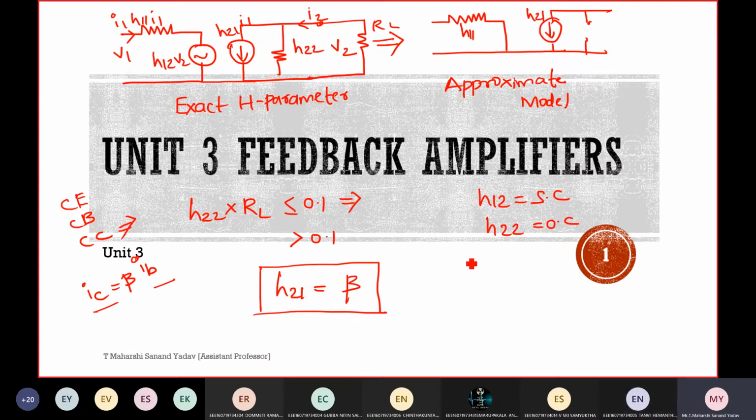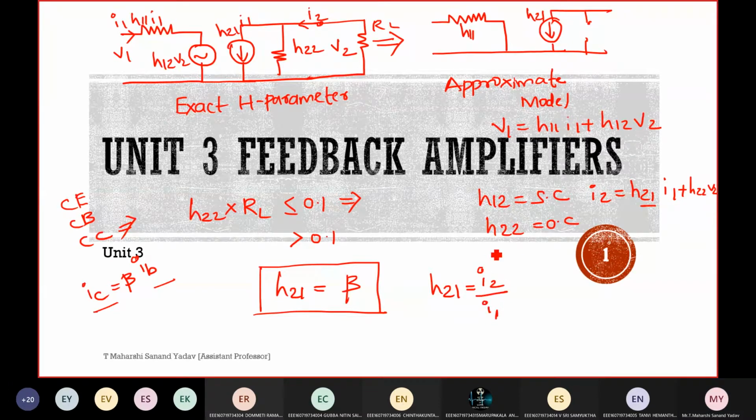So tell me, H21, what is the equivalent? H21 means, from these equations, I2 is H21 I1 plus H22 V2. Now I want H21. So H21 can be written as I2 by I1, for which V2 is short circuited.